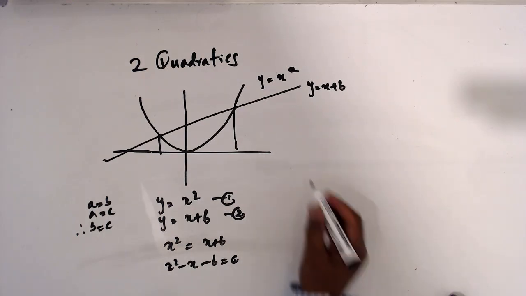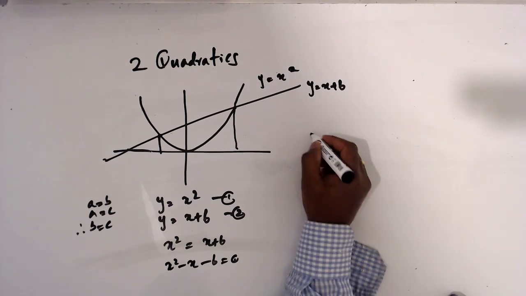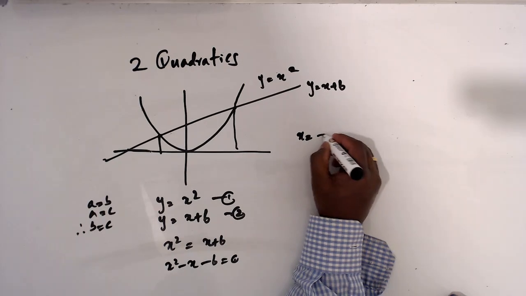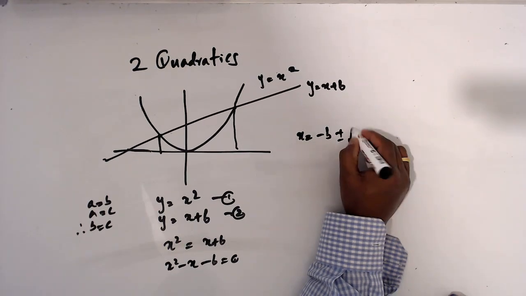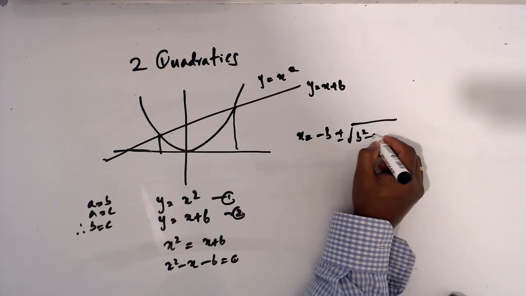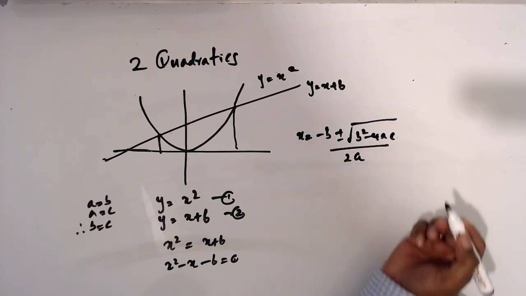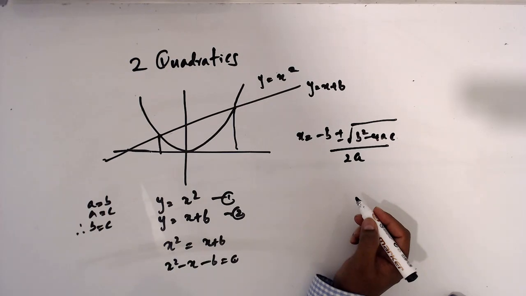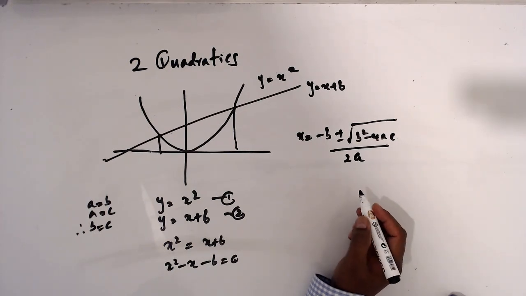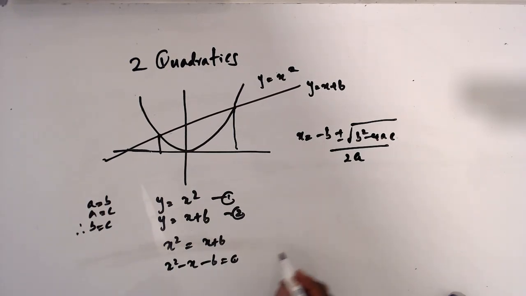Now I'm going to solve this equation. I'm going to use this formula, minus b plus or minus square root of b square minus 4ac over 2a. So I'm going to match with this one, ax square plus bx plus c equals 0.